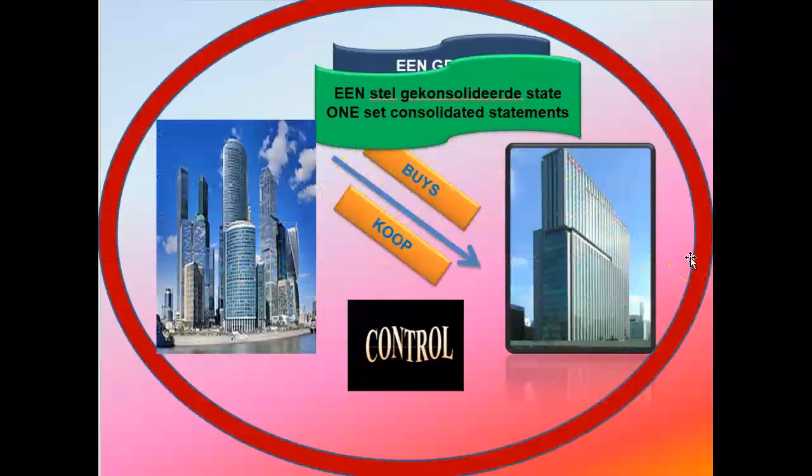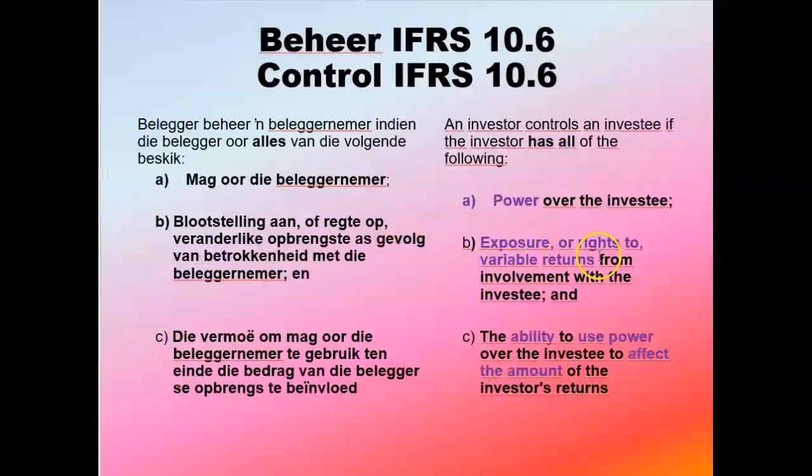What kind of returns are we talking about, guys? Well, it can be dividends, it can be a portion of their income, it can be any type of income that is going to be earned as a result of his acquaintance with the investee and the fact that he controls the investee. So exposure or rights to variable returns.